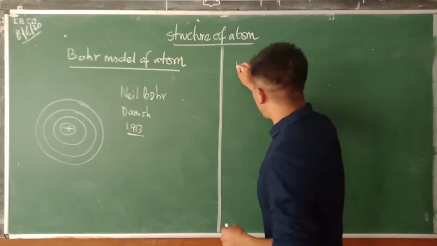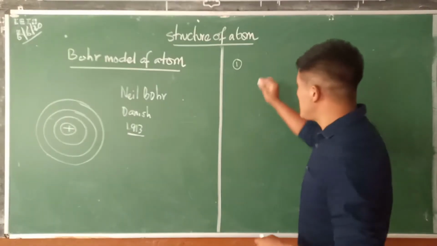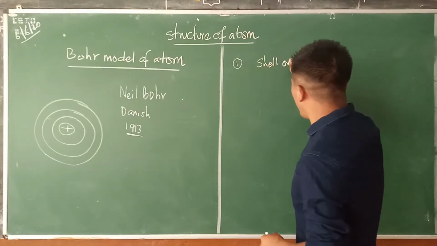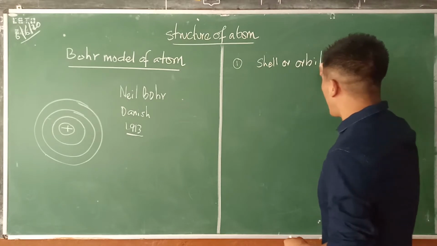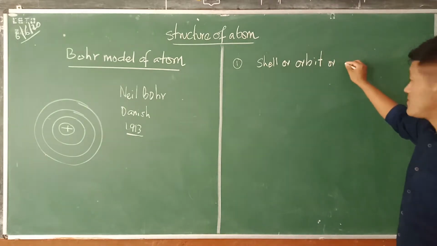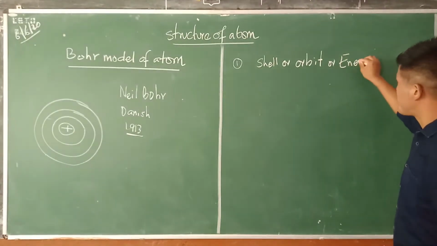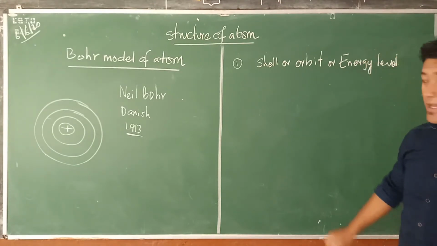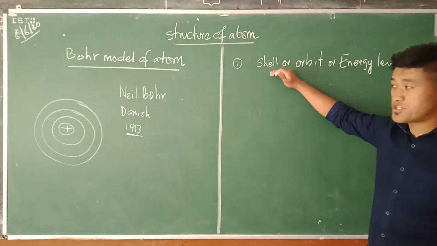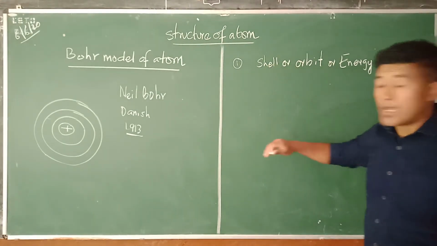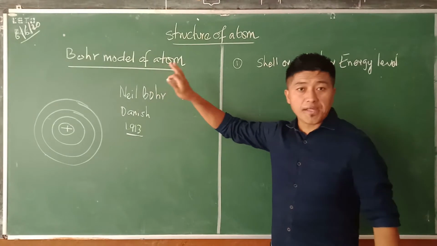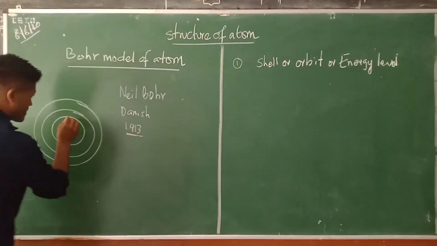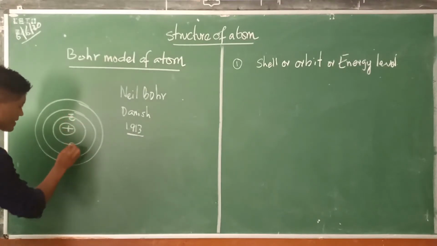So the first postulate is about a particular kind of shell or orbit, or when you go to a higher level, they also say energy level. If you are not able to understand the first point here, then just go once again.